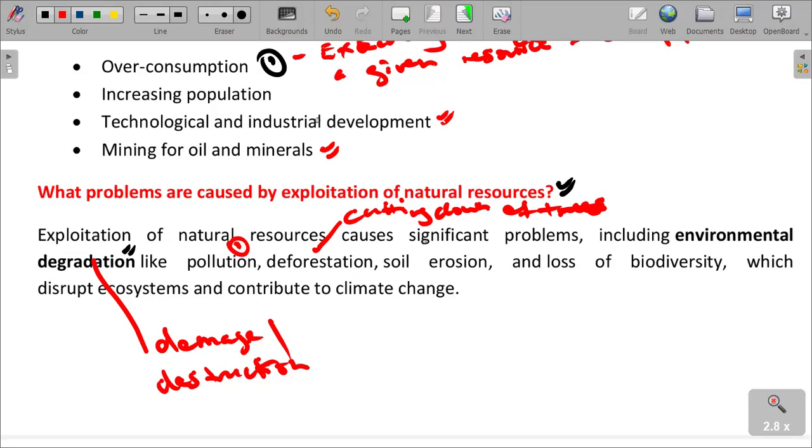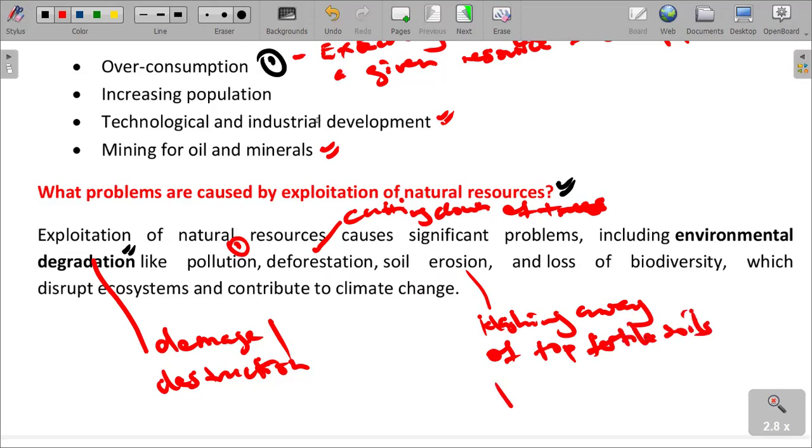Soil erosion: when land has been cleared and trees have been removed, the removal of trees results in the washing away of top fertile soils from arable land.